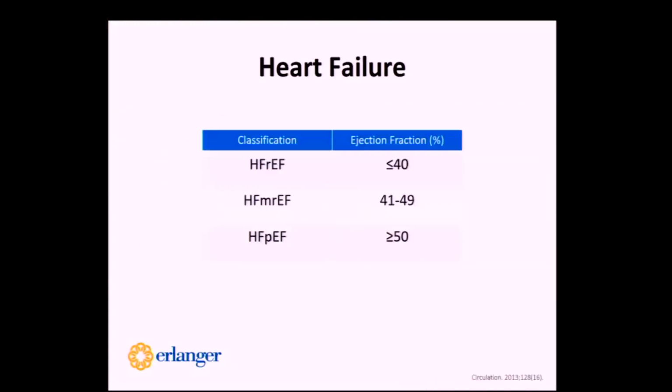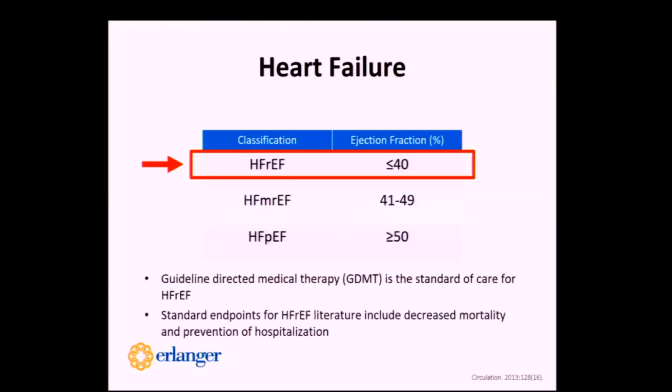So when we think about heart failure, we break it down into 3 classifications, first of which is heart failure with reduced ejection fraction, defined as an ejection fraction of less than or equal to 40%. As we know, that guideline-directed medical therapy, or GDMT, is the standard of care for patients with heart failure with reduced ejection fraction. So things such as ACE inhibitors, ARBs, ARNIs, and then our heart failure beta blockers as well.